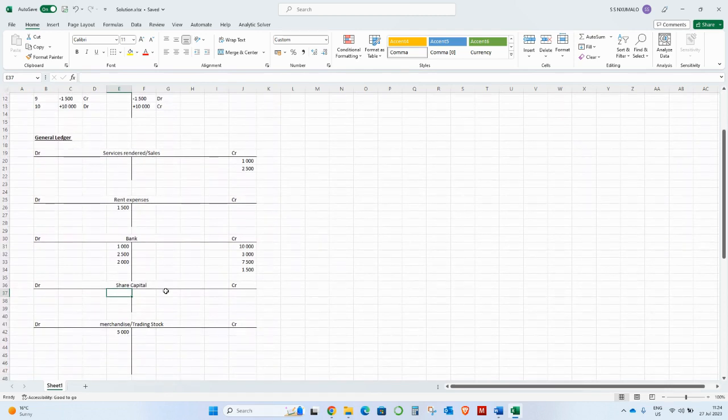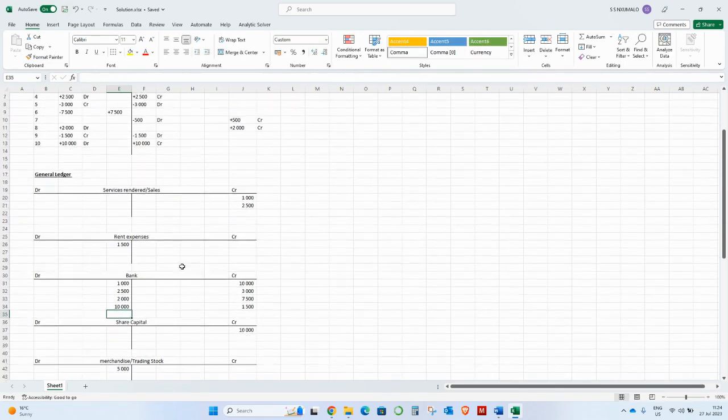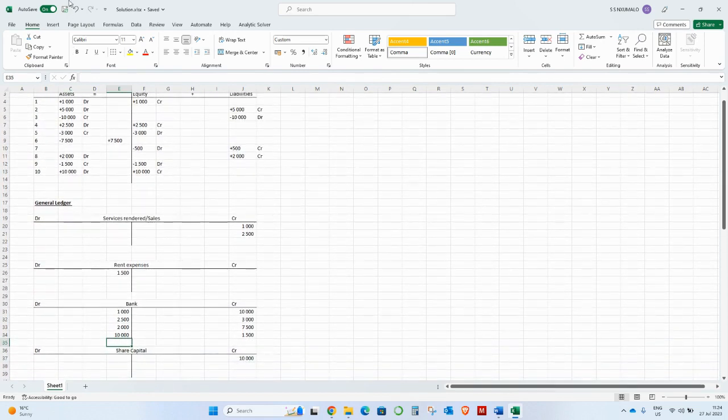In other words, we sold part of our company. So the guys that bought in are obviously giving us money. This is an equity account. Equity accounts behave like liabilities. They increase on the credit side. And then our bank also received money, and we increase it on the debit side. Then we are done with the ledger.